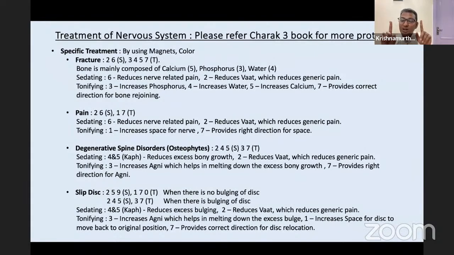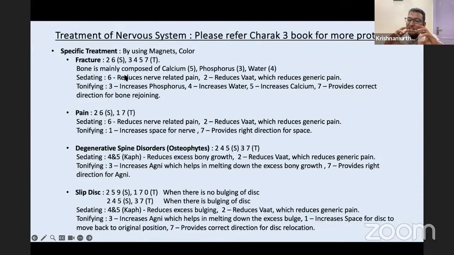Sedating 6 is specifically for nerve pain. So when nerve pain is happening, I will do both. I will sedate the nerve pain and I will also sedate the generic pain. Number 2 is for generic, number 6 is for specific pain of nerve. So when there is pain in nerve, I will reduce both. That is why number 2 and 6 are sedated.